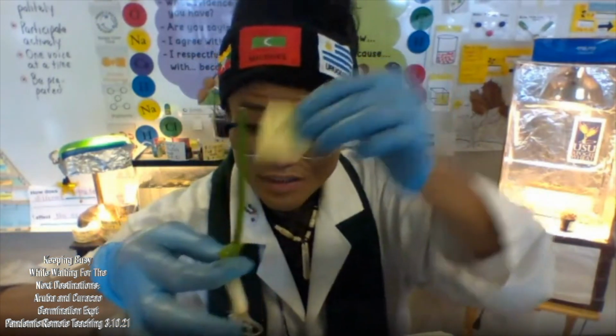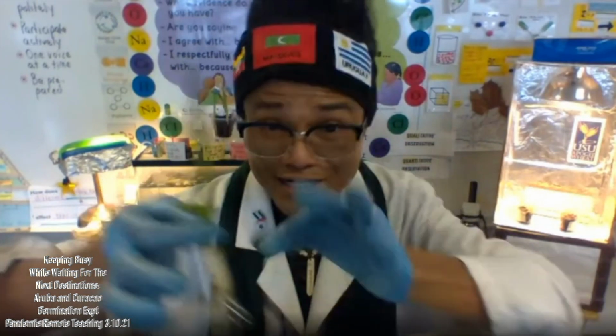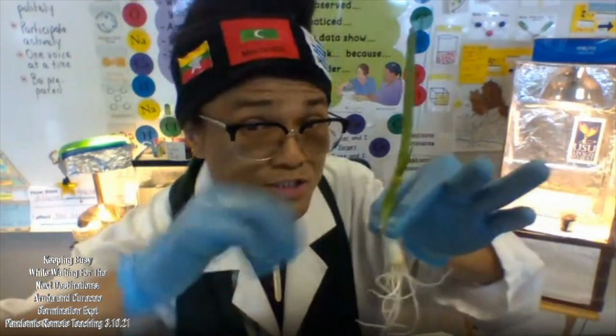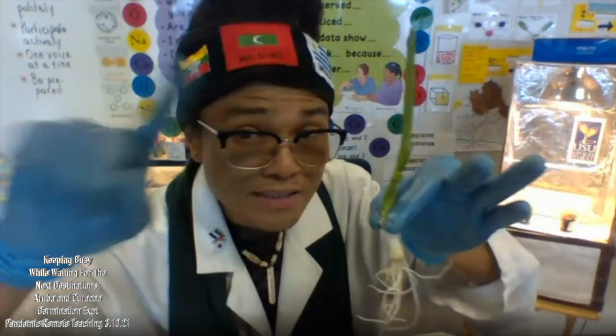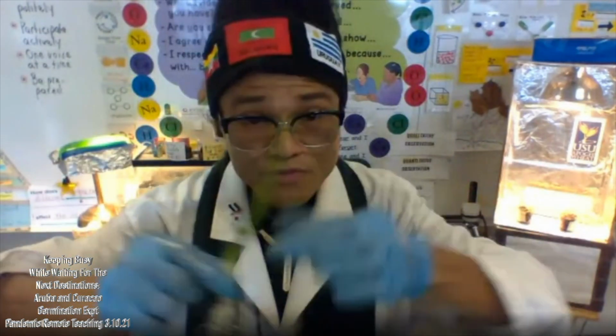We label the leaves, we have the stem, and the roots. In this plant, there are three organs. How many organs does this plant have? Tell me, how many? Three!